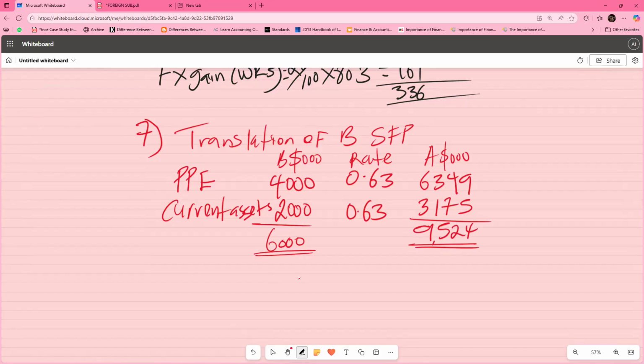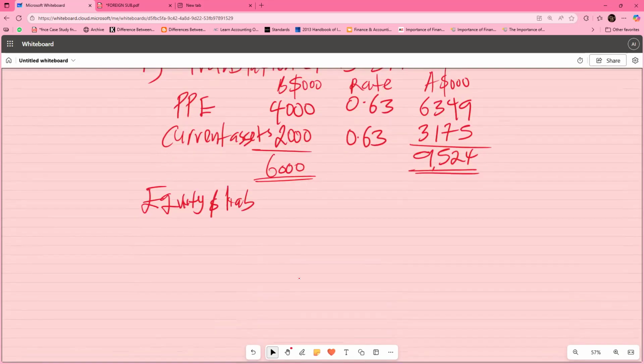The next thing we go on to is the equity and liability. Let me start with the liability to make it very easy.